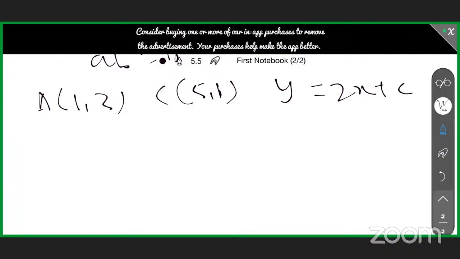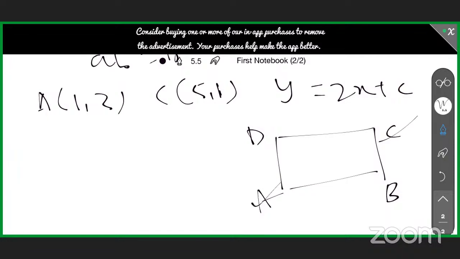Now what they're telling is there is a rectangle ABCD. A and C are opposite vertices. The other two vertices are lying on this line, whose equation is given: y is equal to 2x plus c.